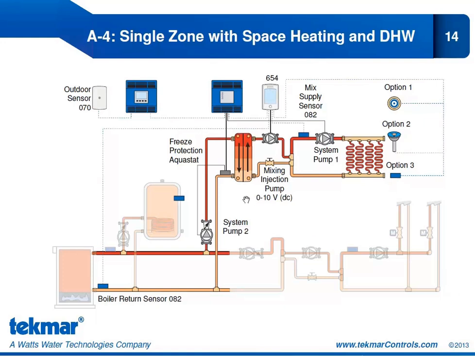We have left in bold all the equipment that is being controlled by the 654. So we have our system pump 2 that's going to be pumping to our heat exchanger. We have a mixing injection pump from our heat exchanger into our snowmelt loop, and then our system pump 1 to operate the snowmelt loop.